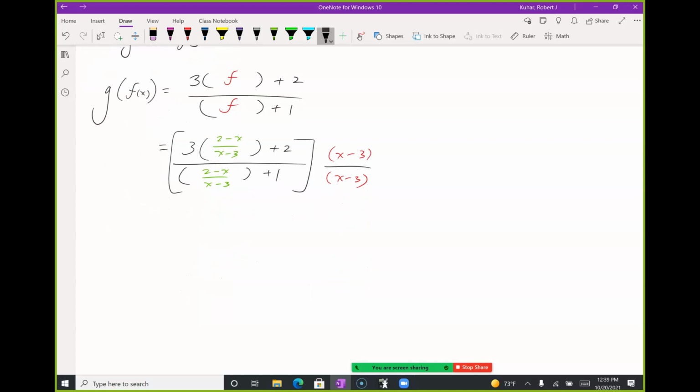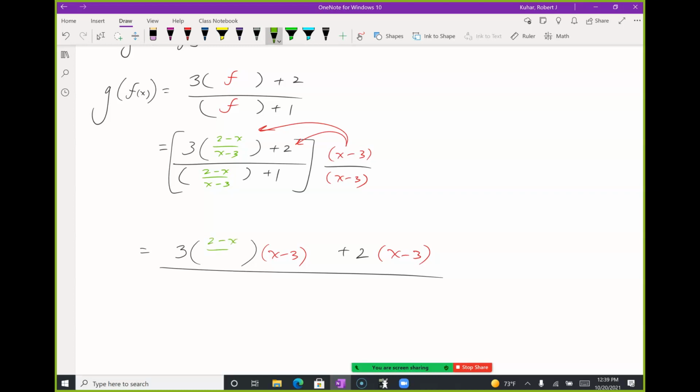All right, I want to distribute, and I want to try and do this slowly. I'm going to try and keep my colors intact here. I have 3 times f plus 2, and all of those I'm going to distribute this red x minus 3. Inside of that first one I have the 2 minus x over x minus 3. I'm hoping you can see from one line to the next that the black is intact, the green is intact, the red is intact, and then you can see what's actually happening on the next line.